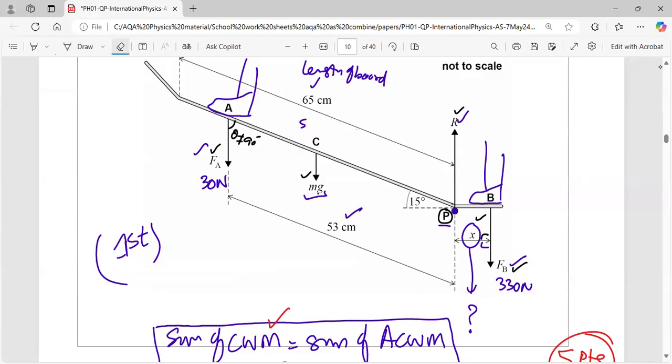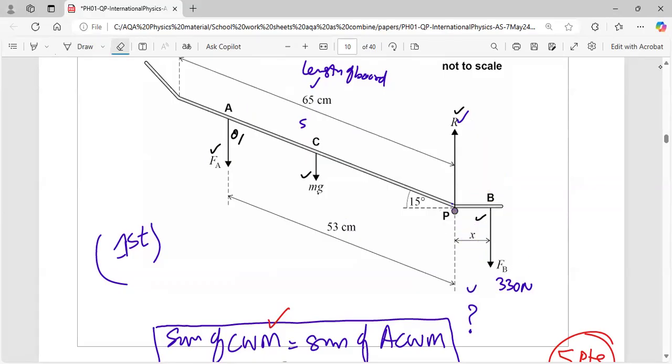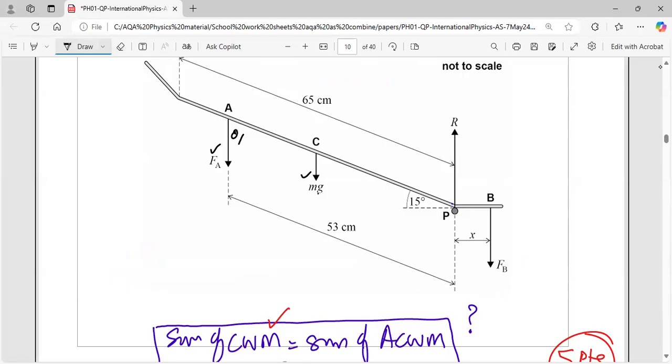So what you have to do is look for the perpendicular distance. So let me just erase this, and this is the most challenging part. So you have to look at this very carefully. I am just removing every other detail from here so that we can focus on how to find the distance. So we are finding the perpendicular distance of FA and C, which is the skateboard mass, from the pivot.